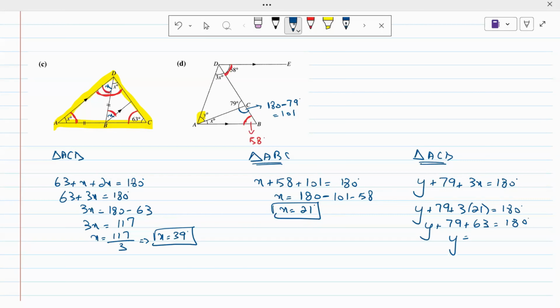And y is equal to 180 minus 63 minus 79, that gives us y as 38. So this is how we find the values of x and y. And we use all the properties of triangles, parallel lines, and straight lines.